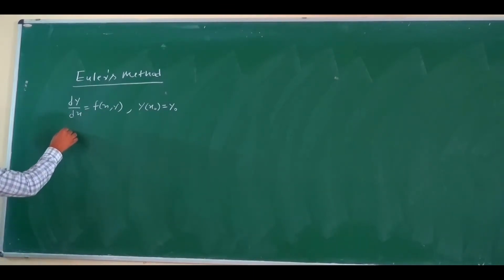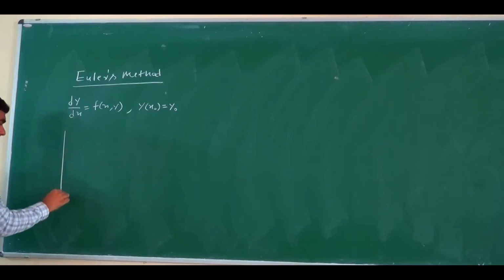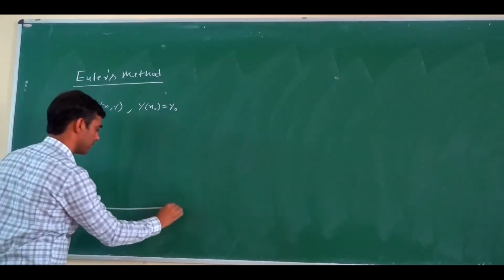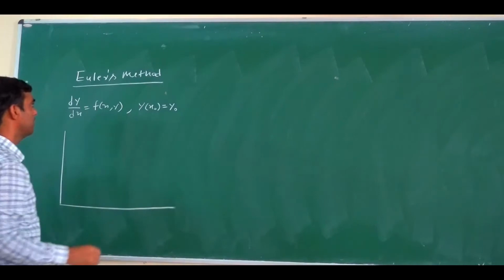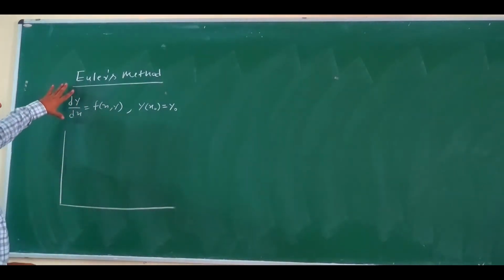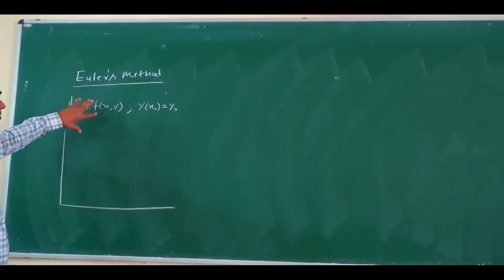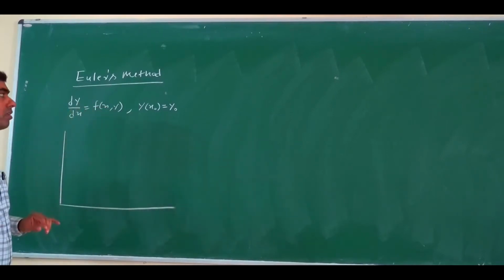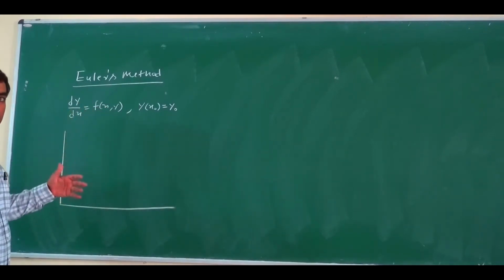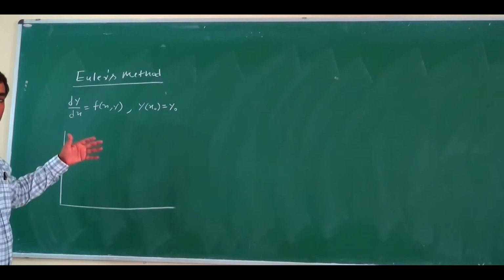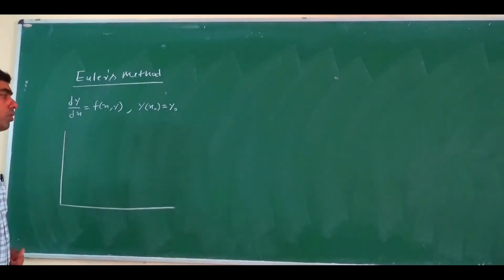Suppose any function is given. Let me make it clear once again: we find the point-wise solution, meaning we find (x0, y0), (x1, y1), (x2, y2), (x3, y3) and so on, not any function.